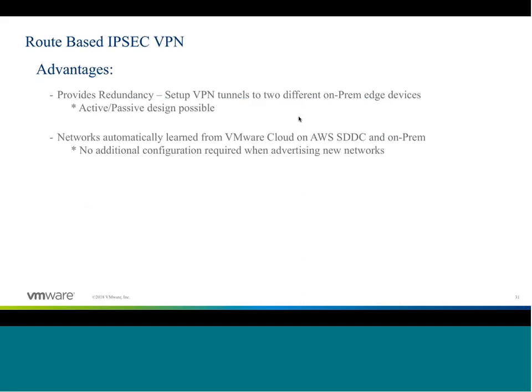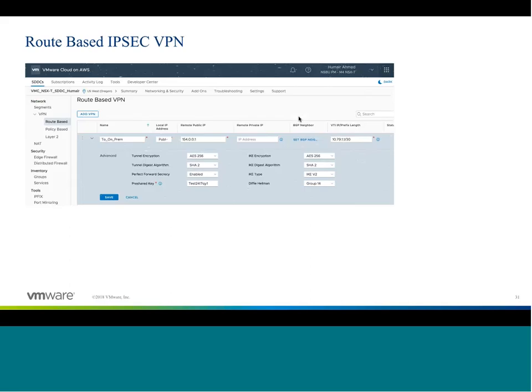The other benefit is networks are automatically learned from VMware Cloud on AWS and vice versa via BGP. So unlike policy-based IPsec VPN, you don't need to go in there and manually configure each network, right? So it's also less error-prone and no additional configuration is required when advertising new networks.